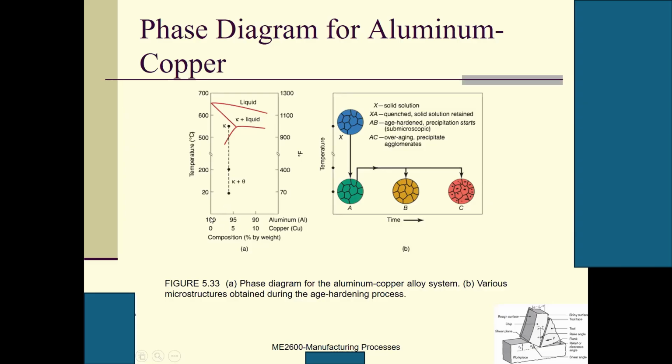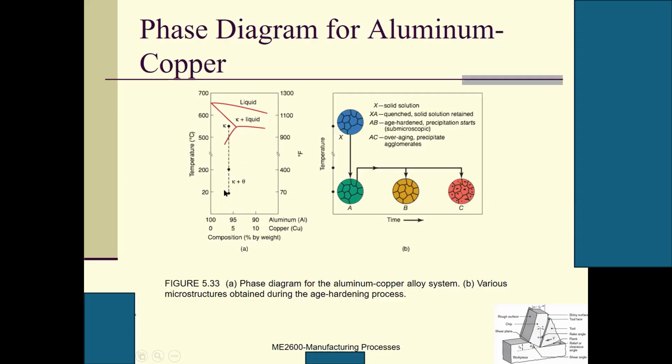So here is pure aluminum, and this one is pure copper. Other concentrations are located in between. Here is a liquidus line, and here is the alpha phase, alpha plus liquid. So here is the solid.